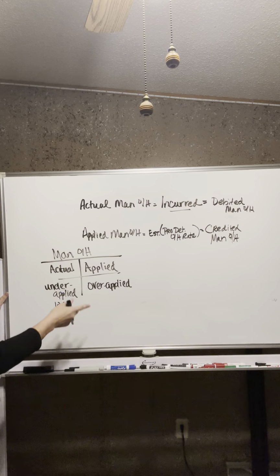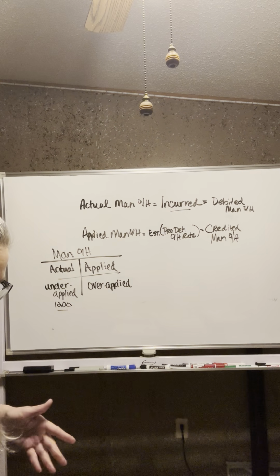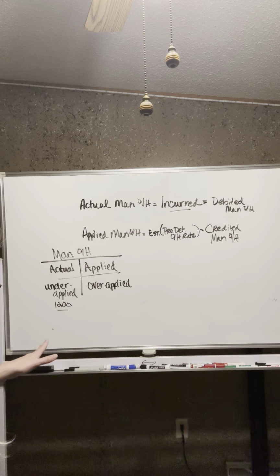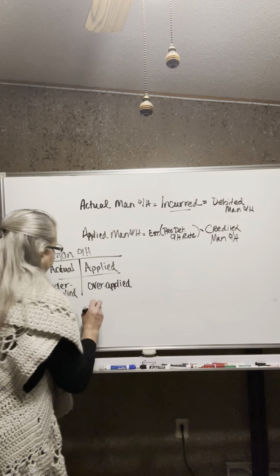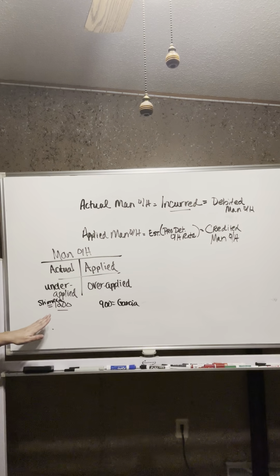The second part of 10 says, if we don't have a debit, Garcia Company has a credit of $900. The first company, Shamika Company, had a debit balance of $1,200.